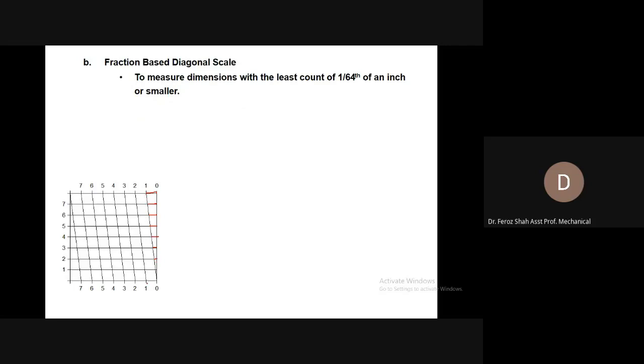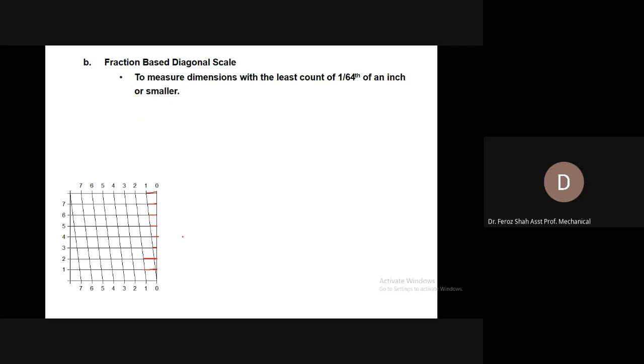Similarly, after that, for example, this one division. So after 1, 1 by 8. So for example, this was 8 by 8, 8 by 64, 9 by 64, 10 by 64, 11 by 64, and so on.